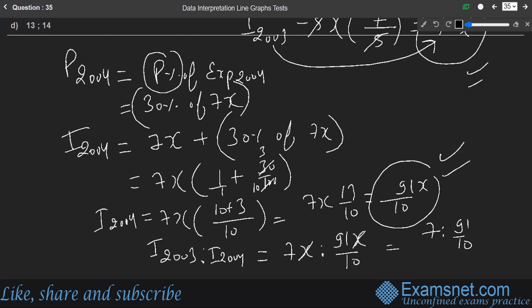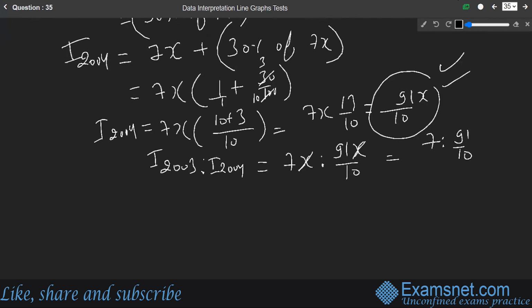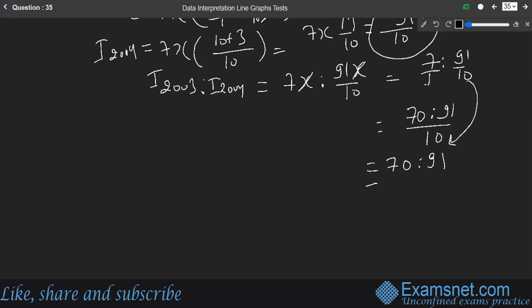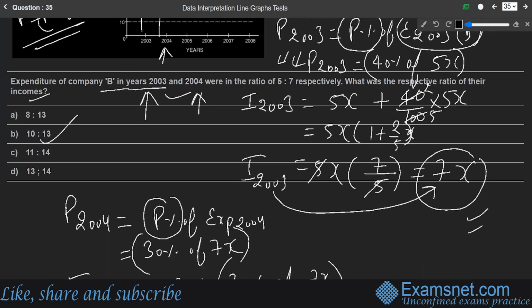To simplify this further, we can take the LCM, which is 10. So multiplying by 10, 7 becomes 70, and 91 by 10 becomes 91. This 10 can be removed. So now the ratio is 70 is to 91. Both of these numbers can be cancelled by 7. If you divide by 7, this becomes 10 and this becomes 13. So the ultimate ratio coming out is 10 is to 13. It is available in option B and becomes the right answer.